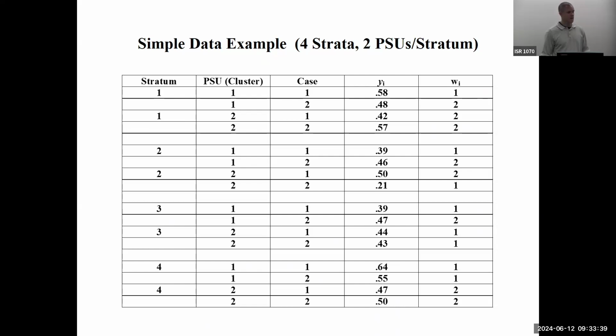Isra just said we need to take the number of clusters minus the number of strata. Right? So we have 8 clusters in total, and we have 4 strata. So that affords us 4 degrees of freedom for the variance estimation. Okay, so that's our example data set that we're going to use to illustrate these ideas.